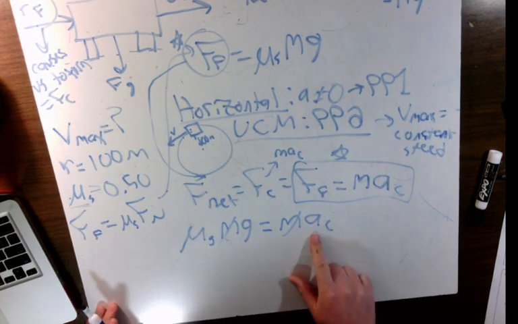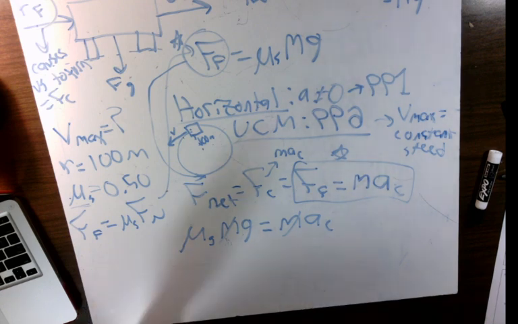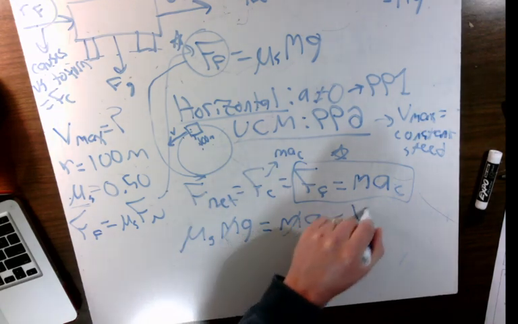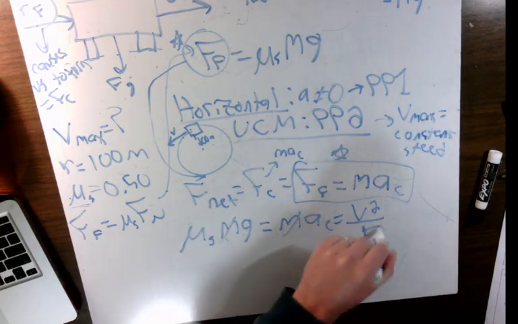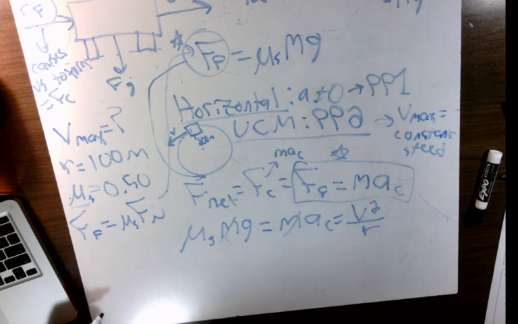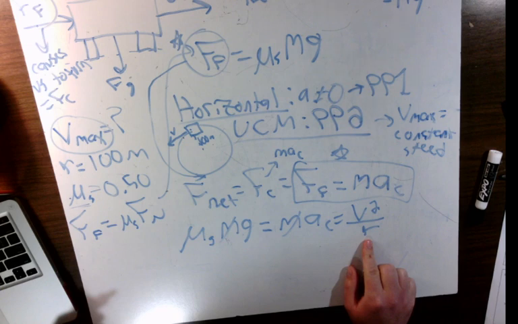We can then break up our centripetal acceleration into its speed squared over radius, because in the end we're looking for speed. So we're not going to use 2 pi squared r over period squared. We're not looking for period, we're looking for speed.